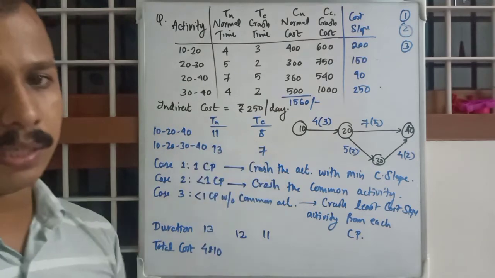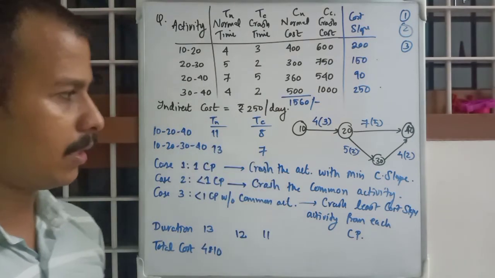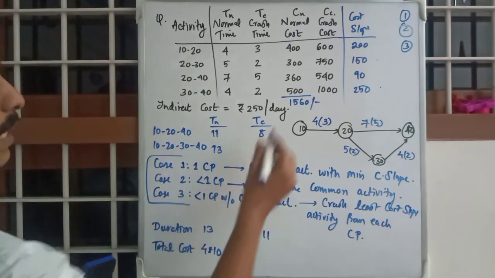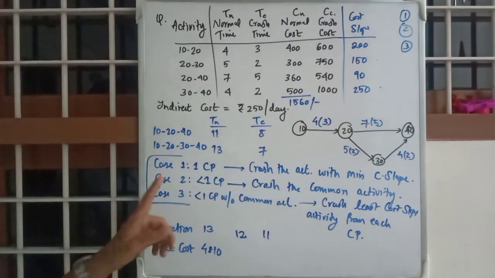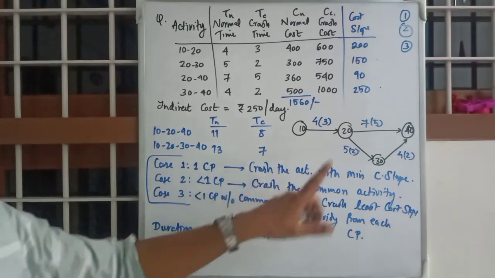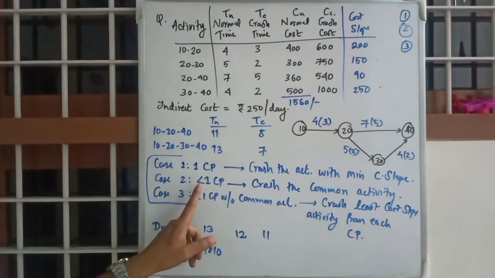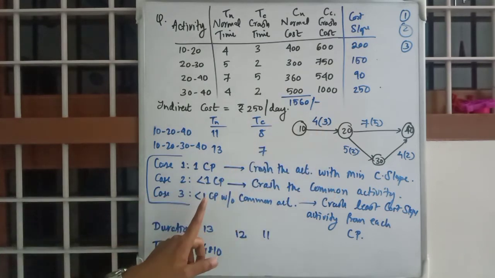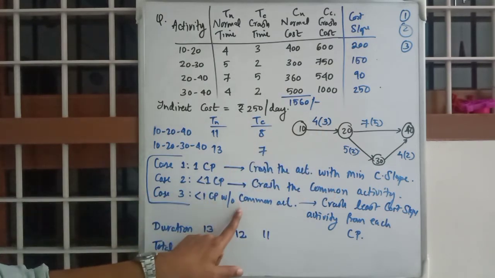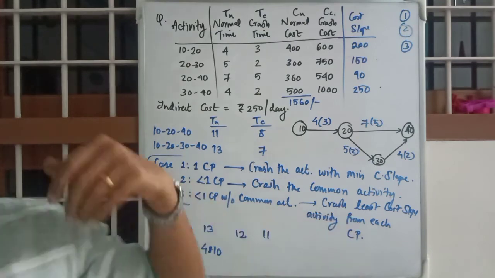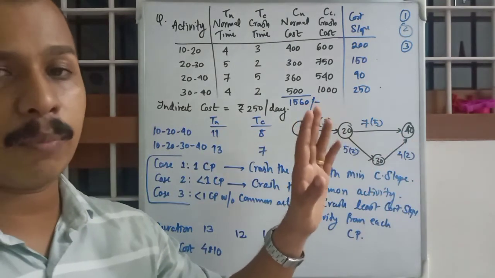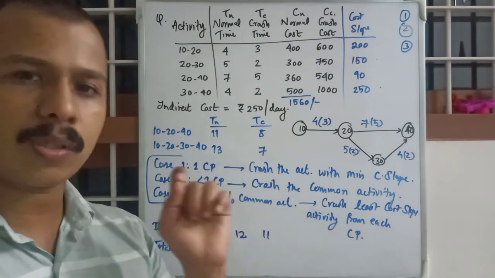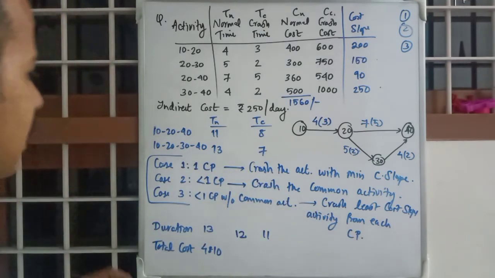Select the one with minimum cost slope. Okay, so that is the case with step 3. If there is only one critical path, crash the item with minimum cost. That's simple. If there is more than one critical path, crash the common activity. If there is more than one critical path without a common activity, crash in each critical path at least one activity with least cost slope. Okay, I hope that's clear.